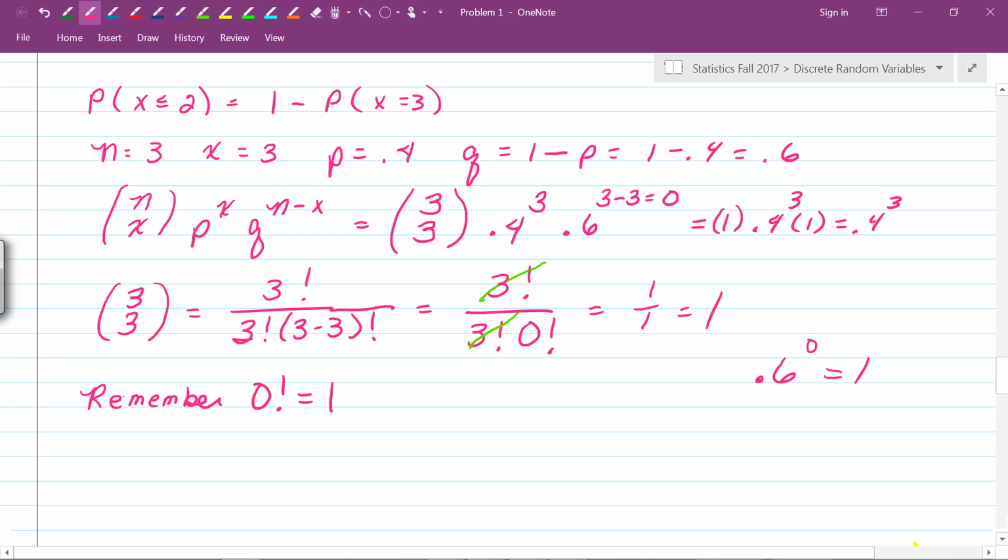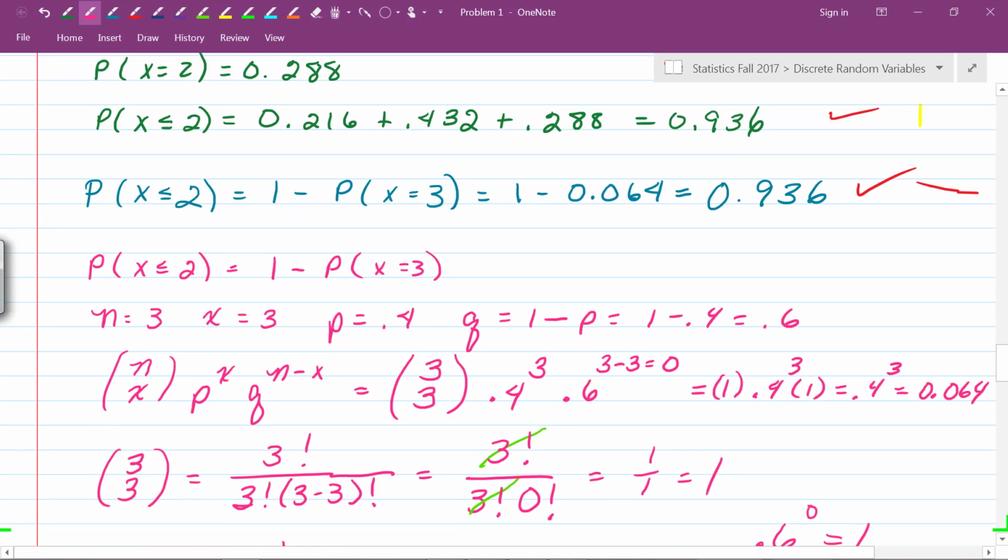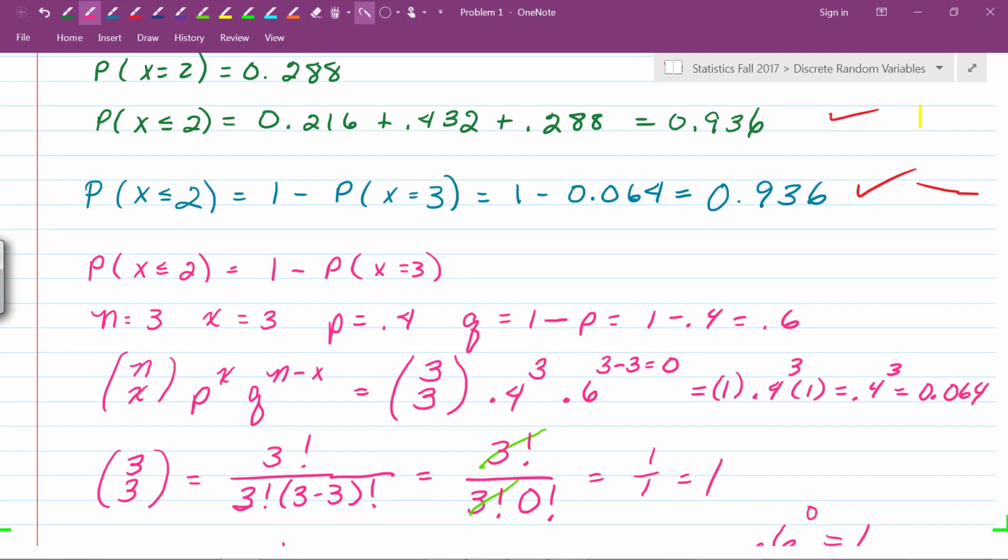I punch that in my calculator, and I find that it is equal to 0.064. Well, isn't that what we calculated earlier right here? Yes, it is. So right here we have the exact same probability. That's how we calculated it mathematically.